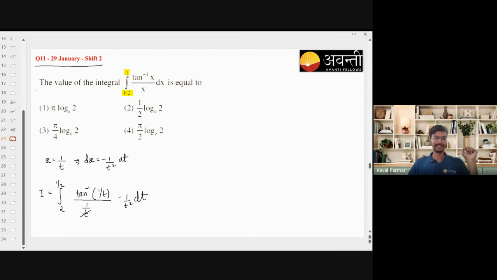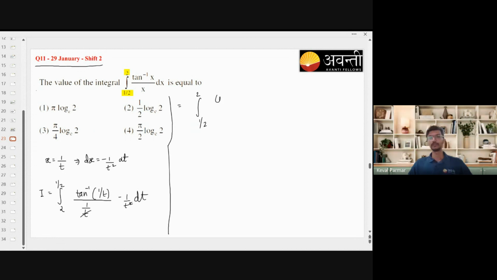So we can cancel out one of the t, and by using the property of flipping the limits because of the minus sign, we'll get rid of the minus sign. So the limits will become again 1 by 2 to 2, right? And what is tan inverse of 1 by t?